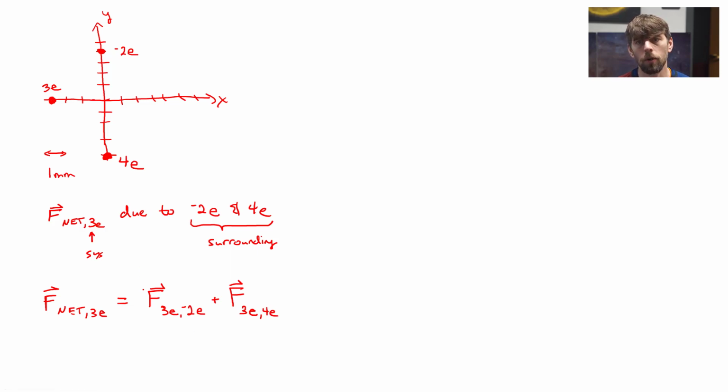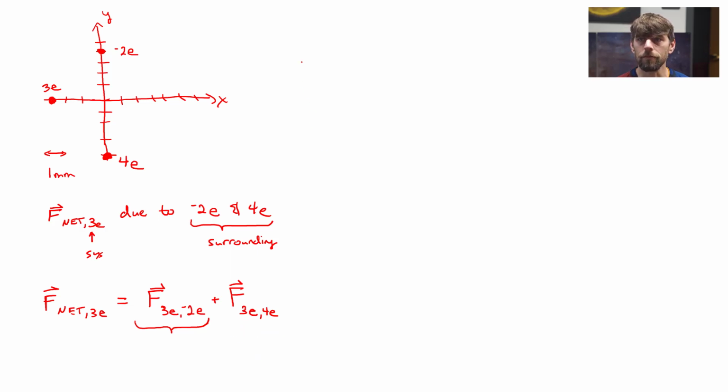So let's go through and figure out how to calculate that force. And once we have the general process, then we can apply that general approach to find this one as well.